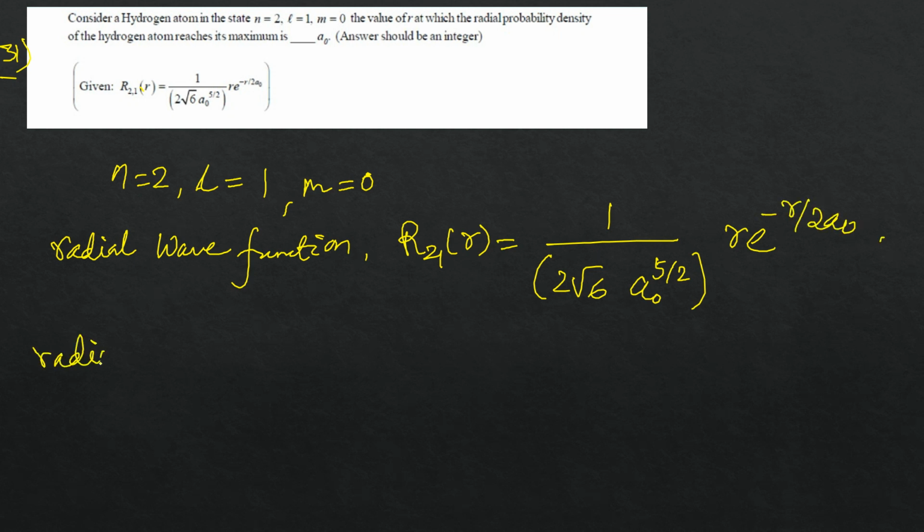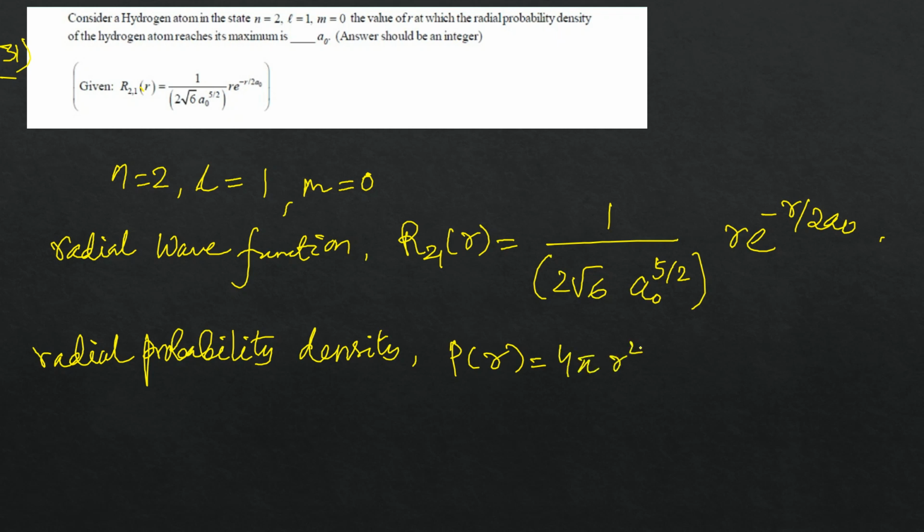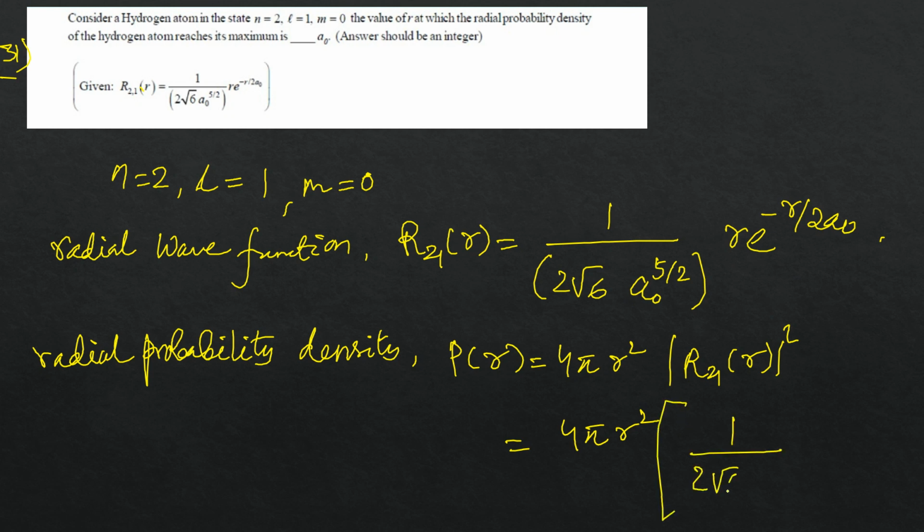The radial probability density will be P(r) equal to 4 pi r squared times R21 squared. Put it here and square it.